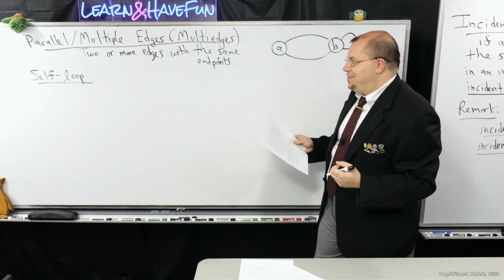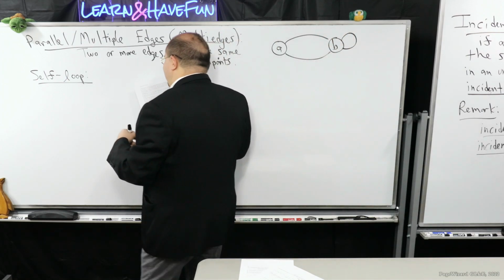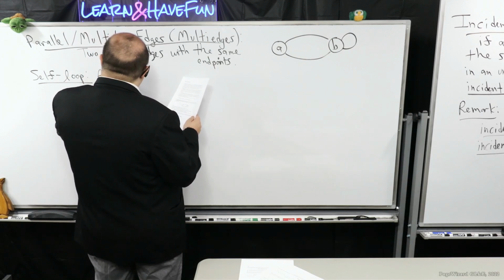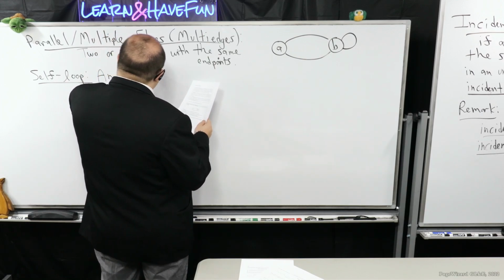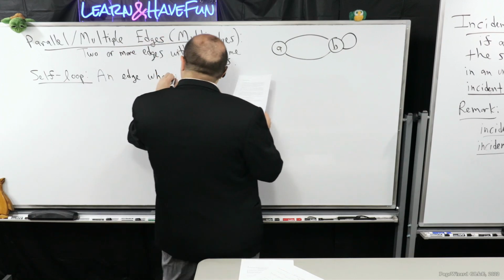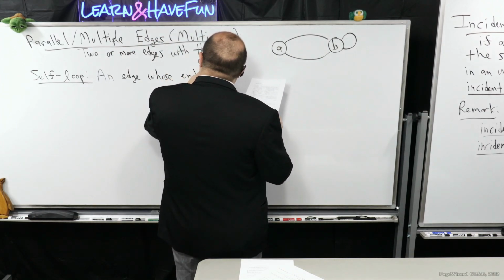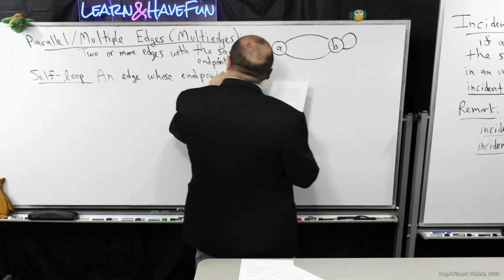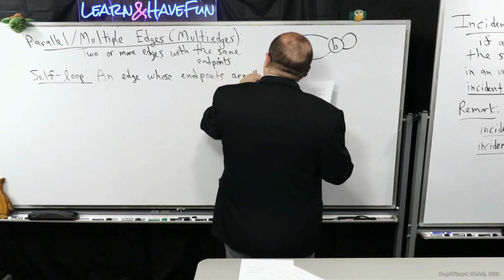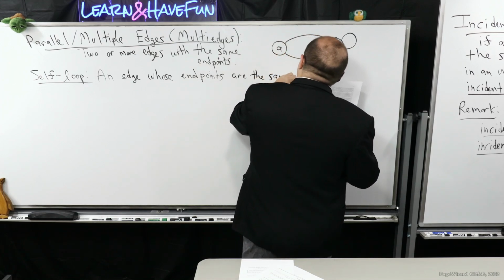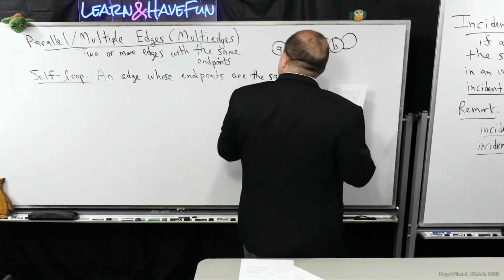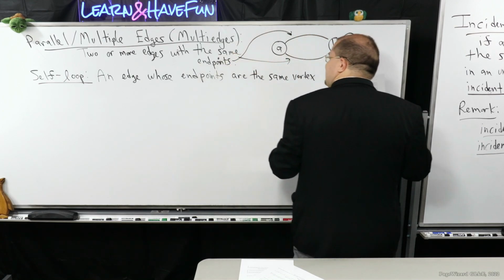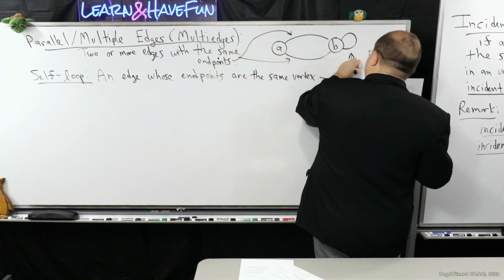So be careful. That's why I usually refer to it as a self loop. It's an edge whose endpoints are the same vertex. So these two edges are examples of parallel edges. This is a self loop.